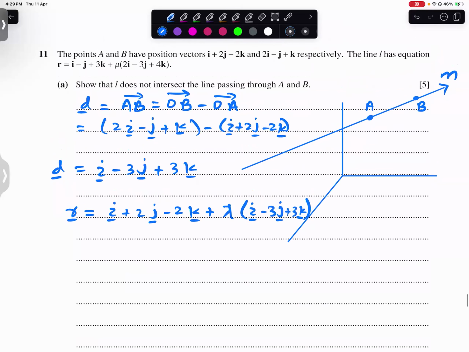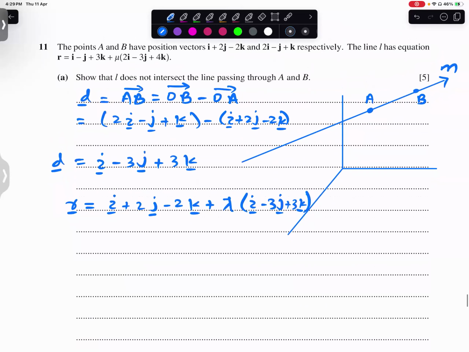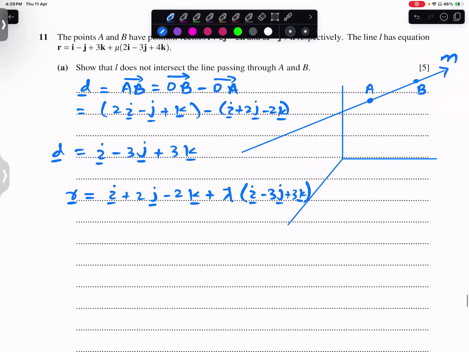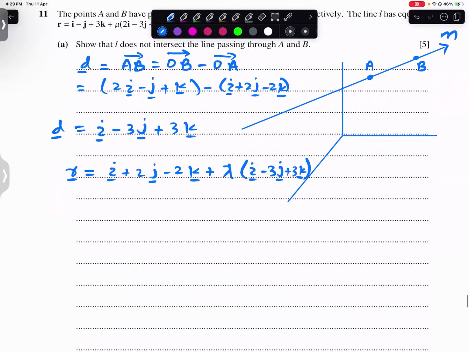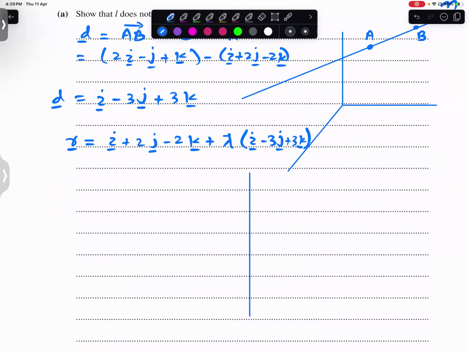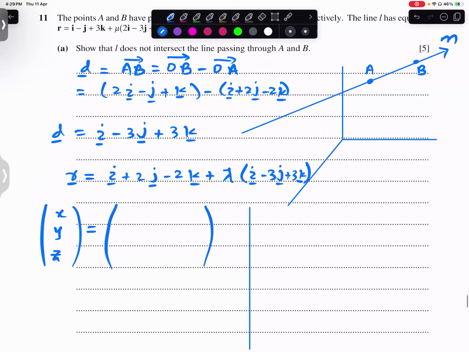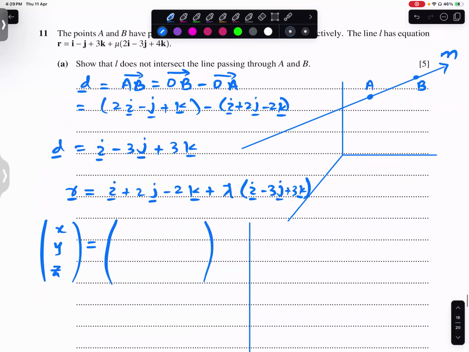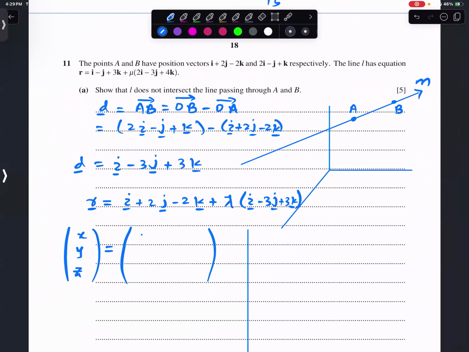So now show that L does not intersect the line passing through A and B. How to show that? Let's write both equations in column form, X, Y, Z. First, I'm writing line L as a column vector: 1 plus 2 mu, minus 1 minus 3 mu, and 3 plus 4 mu.